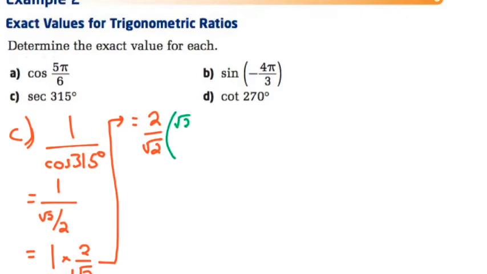Multiply by root 2, top and bottom. Get 2 root 2 on the top. Get 2 on the bottom. We can cancel those 2's, and our final answer would be just root 2.